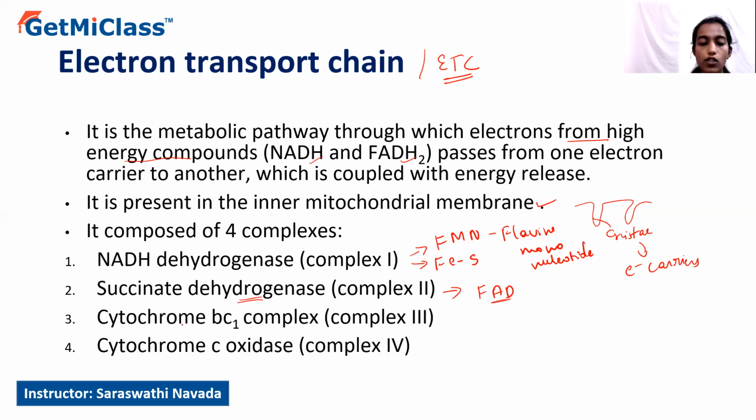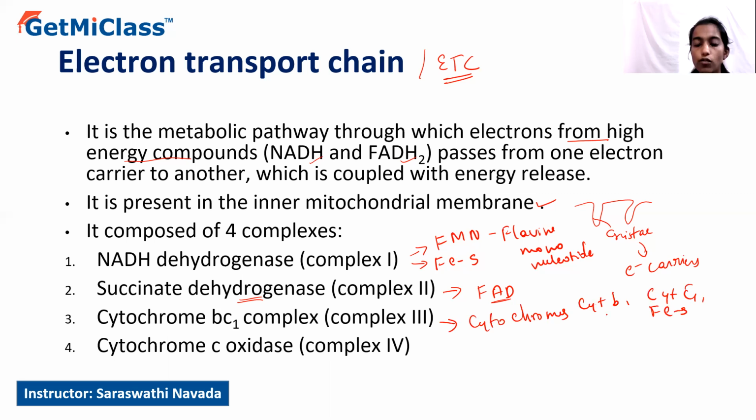And complex 3 is called the cytochrome B-C1 complex, which is made up of cytochromes. It consists of cytochrome B, cytochrome C1, as well as iron sulfur proteins in addition to these cytochromes.